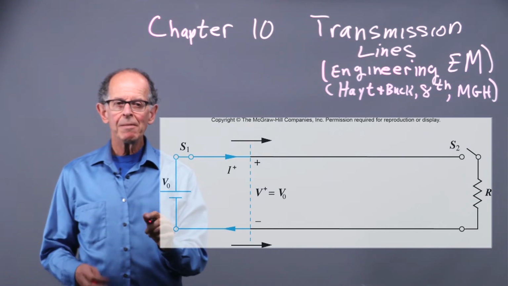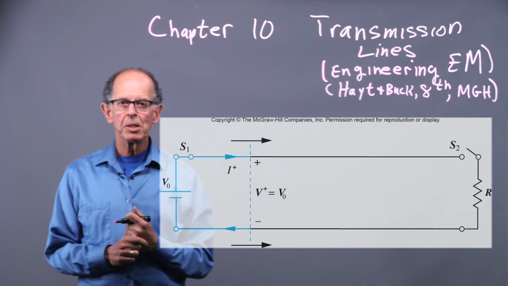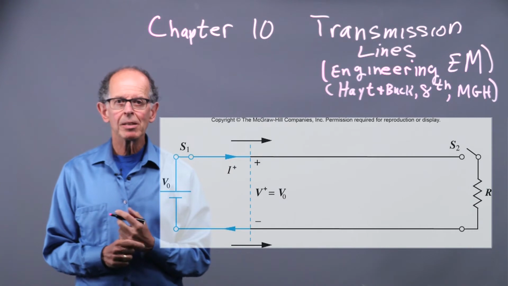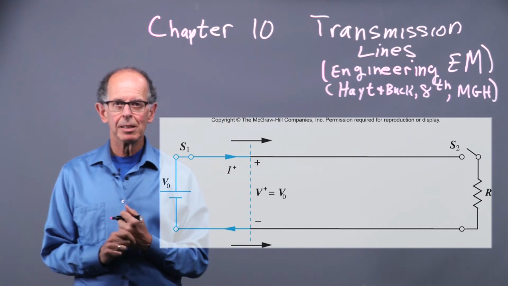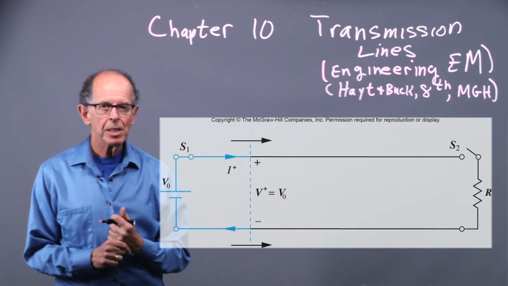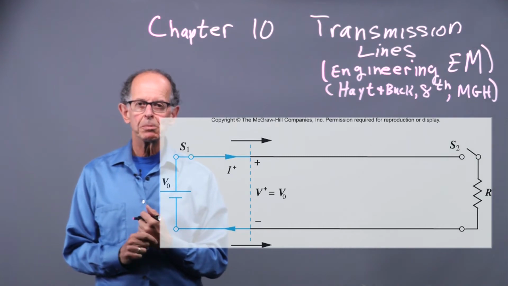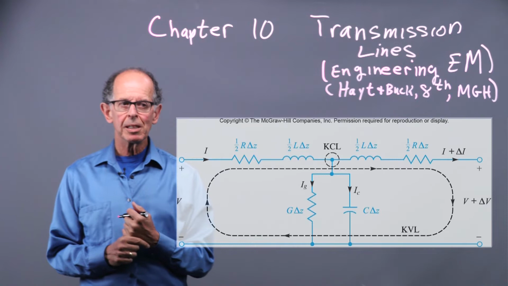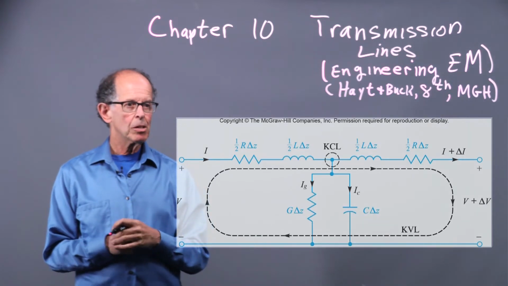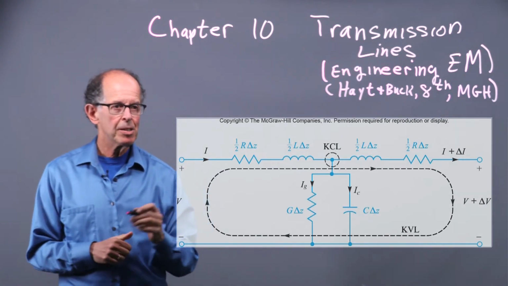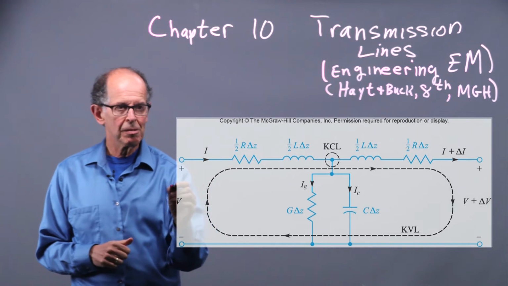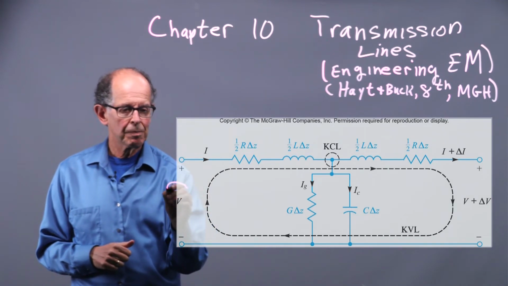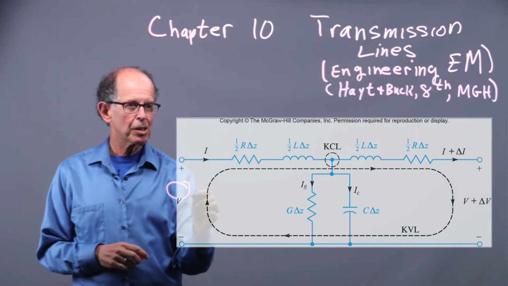Now, we have this picture of the transmission line. We want to model it mathematically. So now let's move to a detailed circuit description of the line as shown in figure 10.3, the next figure. Looks a little complicated, but I think you can see there's a little V here, and that's the voltage across the line.